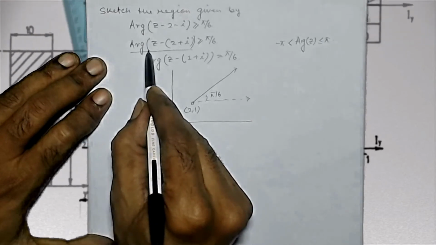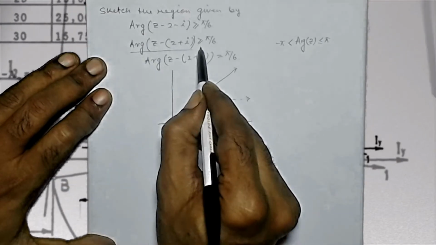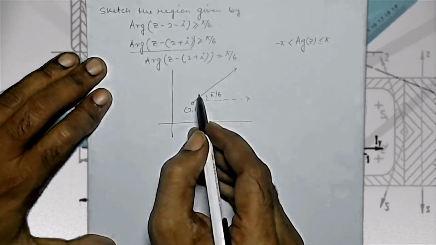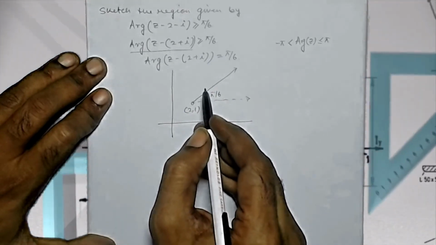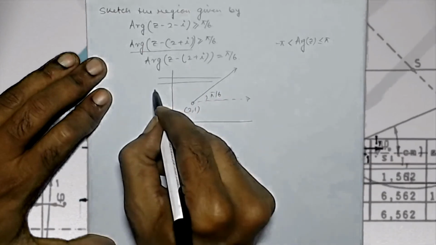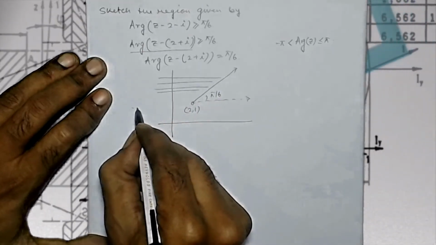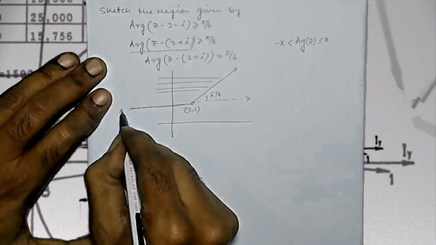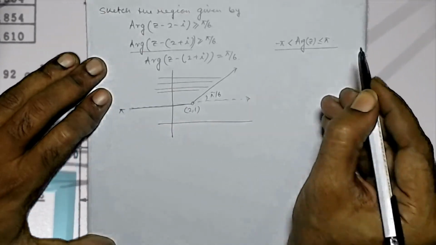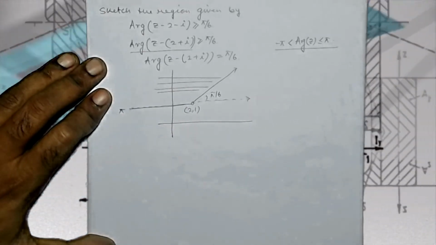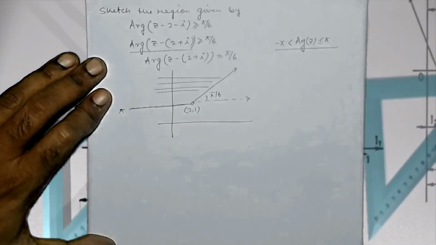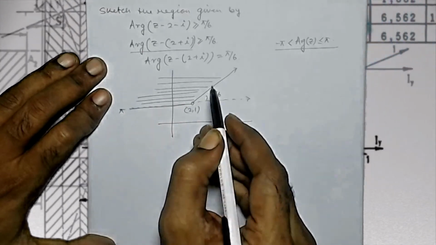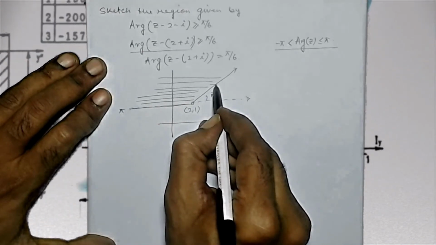As the argument z minus 2 plus iota is greater than equals to pi by 6, therefore, your z will lie anywhere in this region. Yes or no? But it cannot exceed pi. Because in the principal argument, the argument is bounded in the region minus pi to pi. Therefore, z lies anywhere in this region touching this line.